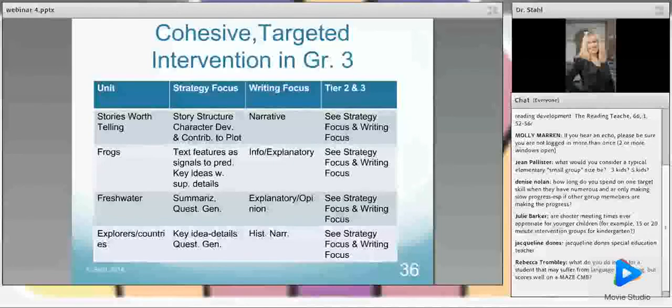And so we want the Tier 2 teacher to be teaching that same important cognitive strategy that is supporting the particular text that children are reading in this unit.